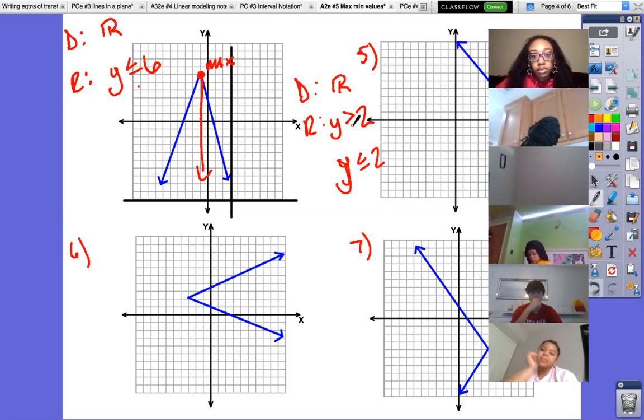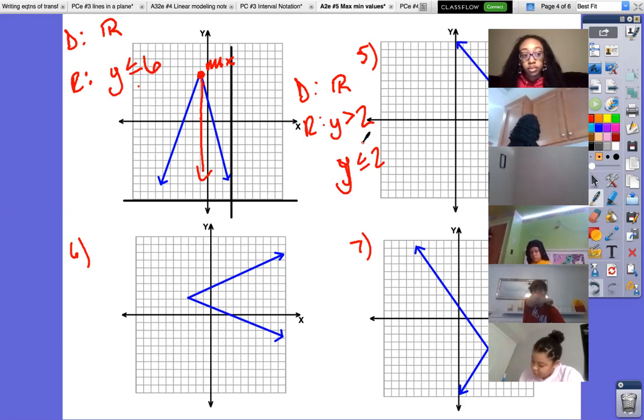Does anybody think it's anything different than these two? So these are both different. Does anybody have a different answer? Mary Thompson, what do you think? I think it's greater than 2. You think it's greater than 2? Did you say greater than or equal to, or just greater than 2?